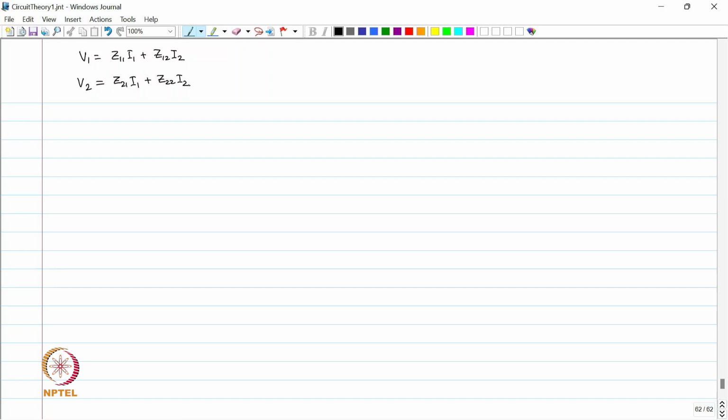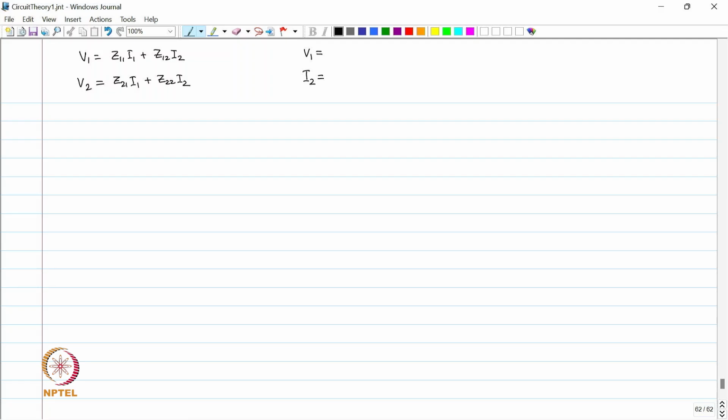Can you find out the H parameters? Yes. How? By rearranging the equation. For H parameters, you want to find out V1 and I2 in terms of I1 and V2. So, you simply have to reorganize the equations to find V1 and I2 in terms of I1 and V2 from this.